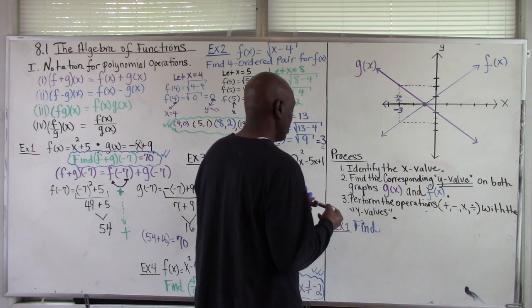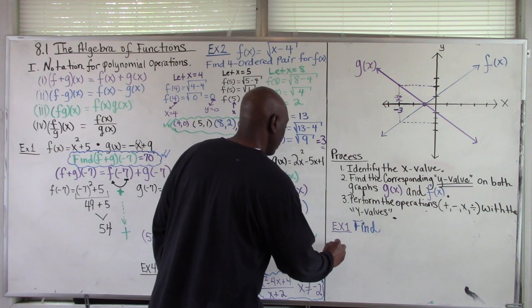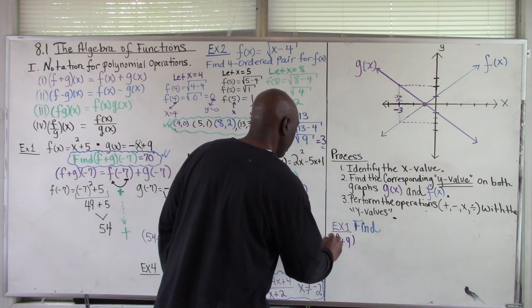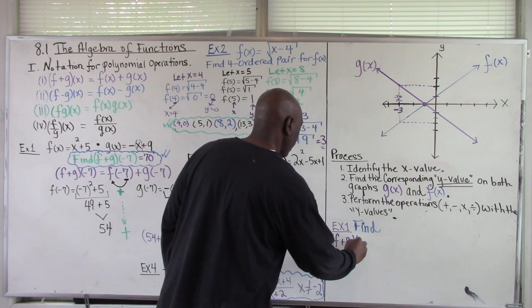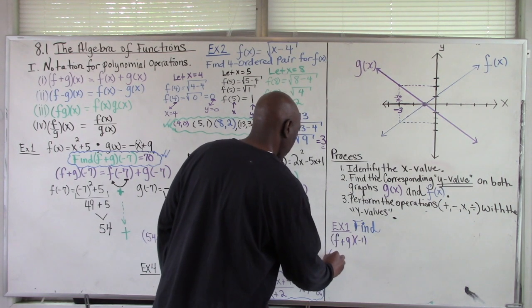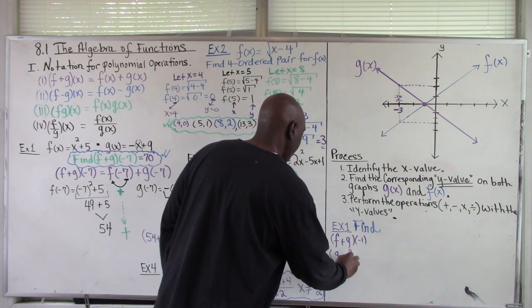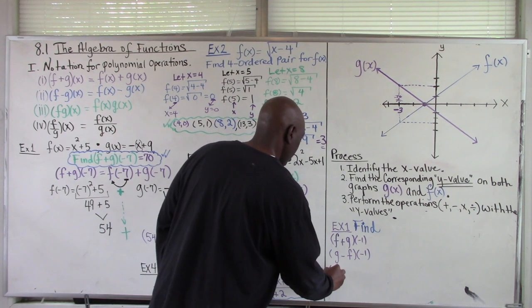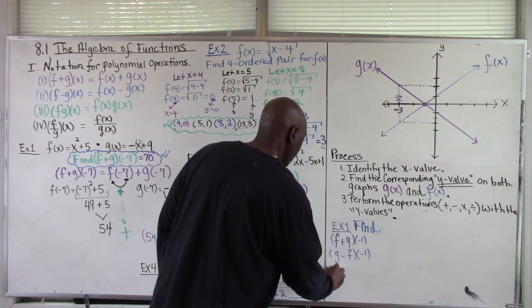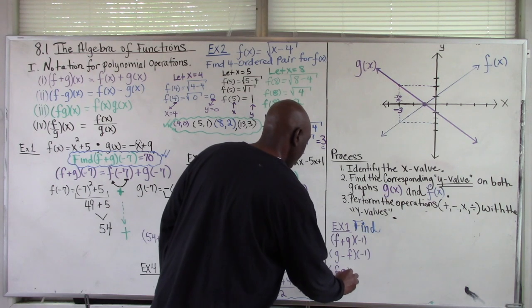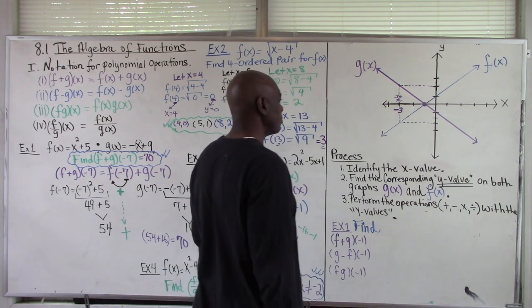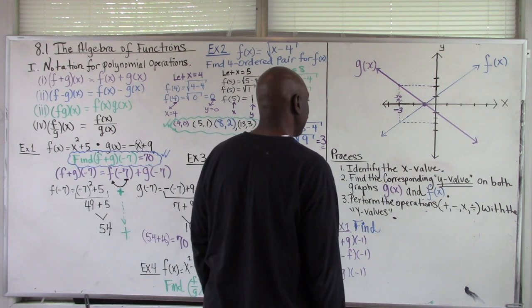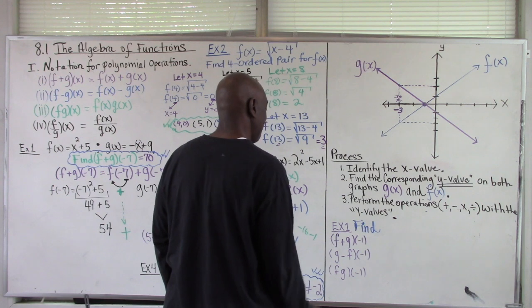Let's find F plus G of negative 1, G minus F of negative 1, F times G of negative 1, and yeah, let's go with that.